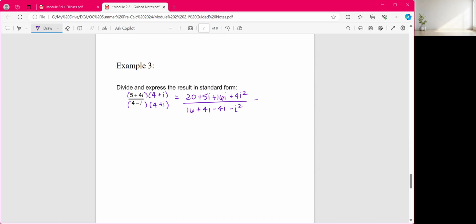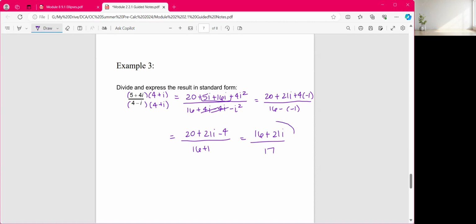So I'm going to have 20 plus 5i minus 4i, plus 16i, we'll get plus 21i, plus 4 times negative 1. Notice 4i minus 4i cancels, so we'll have 16 minus i squared, and I'll substitute in that negative 1. Then we'll be able to write this as 20 plus 21i minus 4 all over 16 plus 1. Combine like terms, we'll have 16 plus 21i over 17.